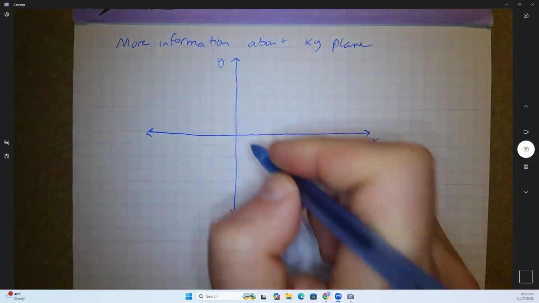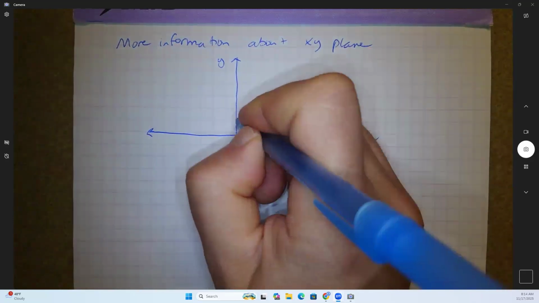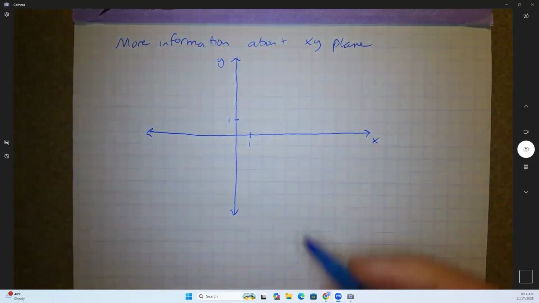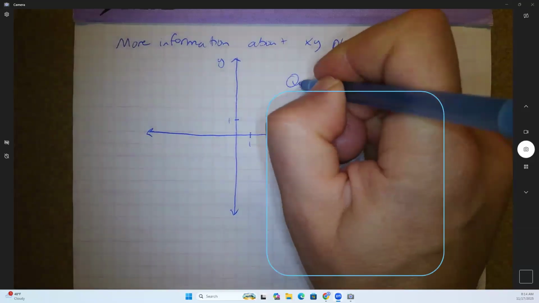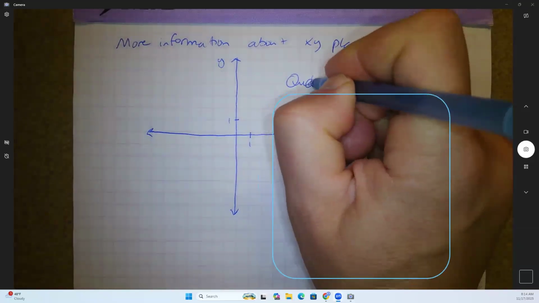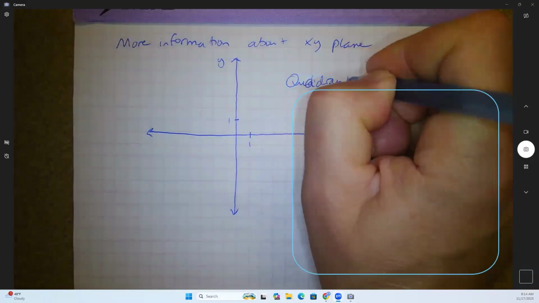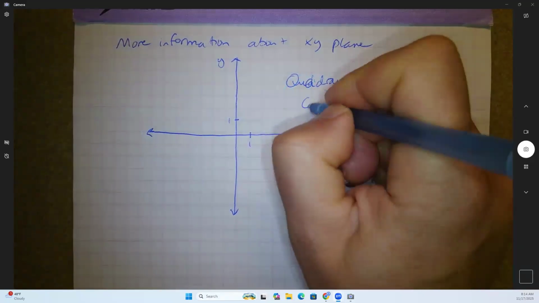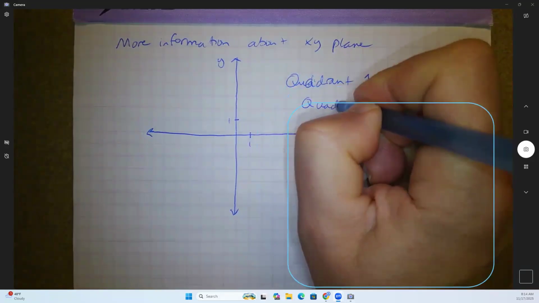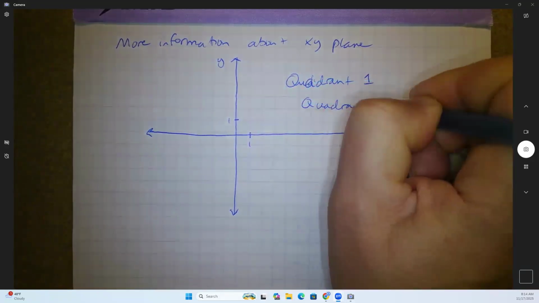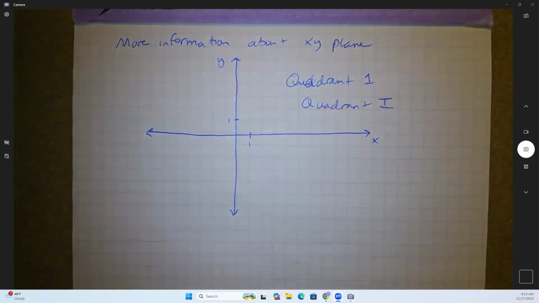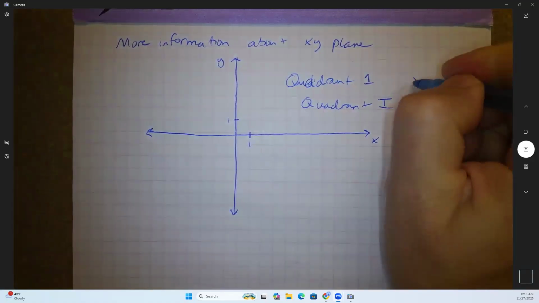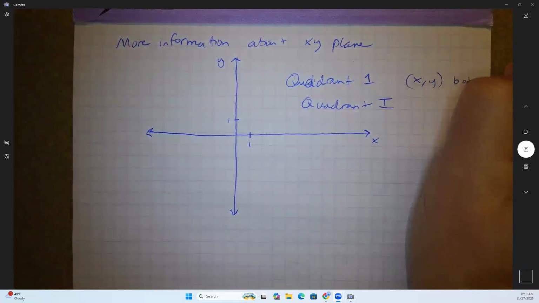X, Y, put my scale on there. So the upper right is called quadrant 1, or maybe with the Roman numeral quadrant I. X and Y are both positive here.